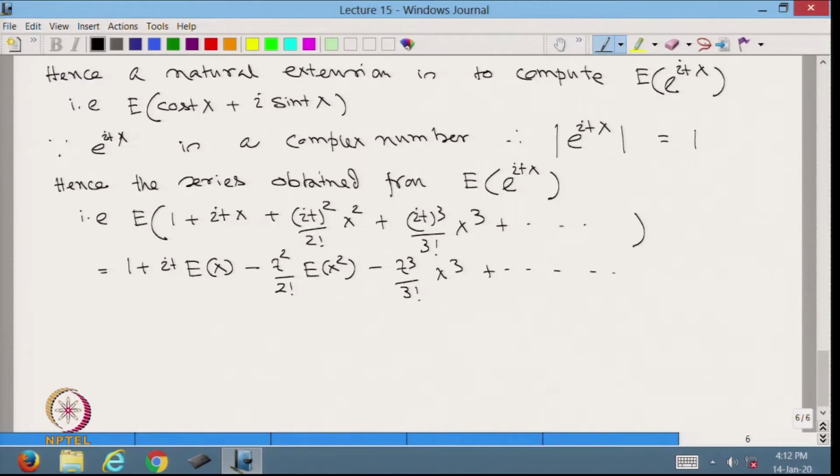Like that we get an infinite series. This always converges.